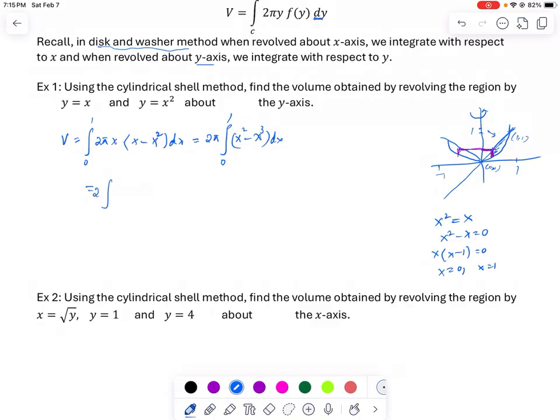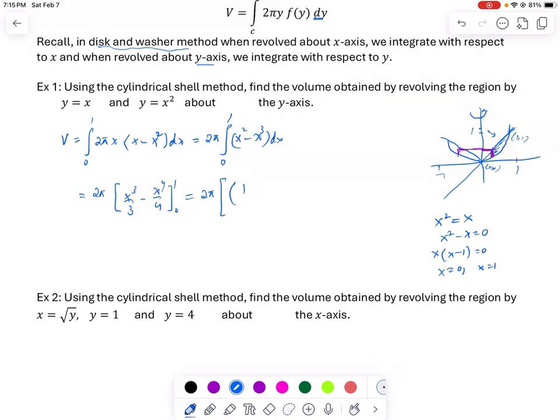So basically the setting up is the main thing. The integral is quite simple. Integrating, we get x cube over 3 minus x to the 4 over 4, limits from 0 to 1, times 2 pi. Plug in the limits.